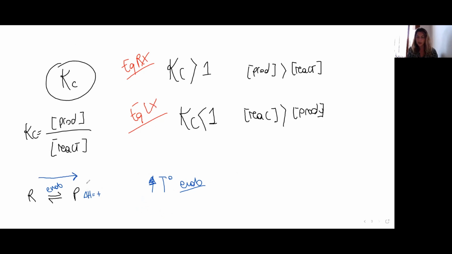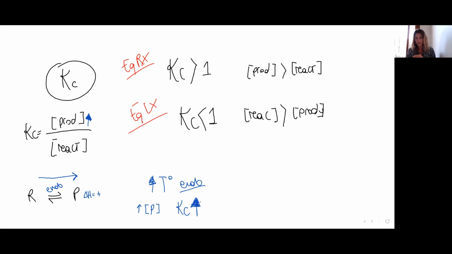So if you have to think about what effect that has on the Kc value, you need to think that if equilibrium shifts towards the products, the net effect is an increasing concentration of products. So the numerator of this fraction increases, which means that the Kc value would also increase. You really have to think about the very basic math of the numerator and denominator of a fraction, which one increases, which one decreases.